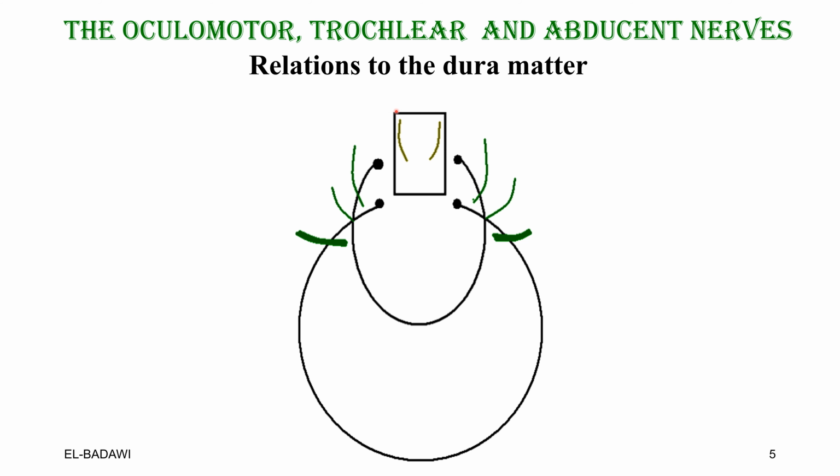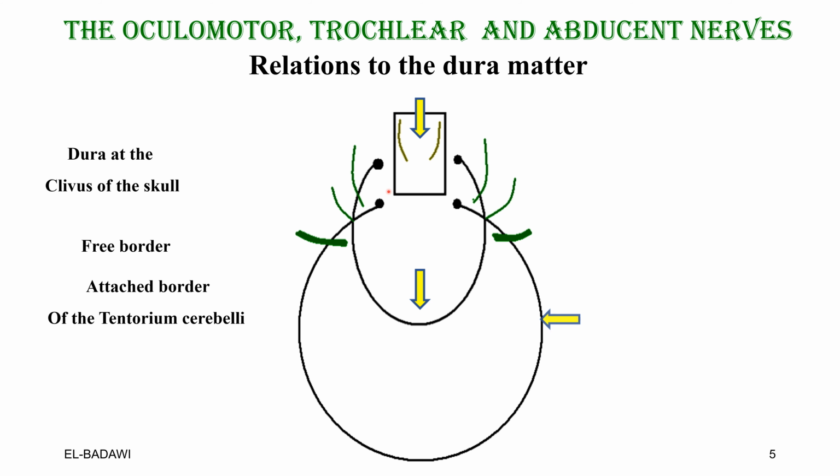What we can see here represents the clivus of the skull, the dura mater on the clivus, and this is the tentorium cerebelli, the free border and the attached border, the free border reaching the anterior clinoid process, while the attached will reach the posterior clinoid process.